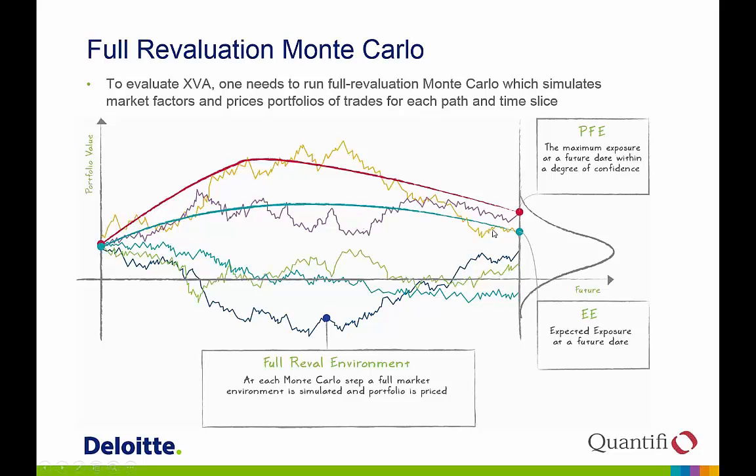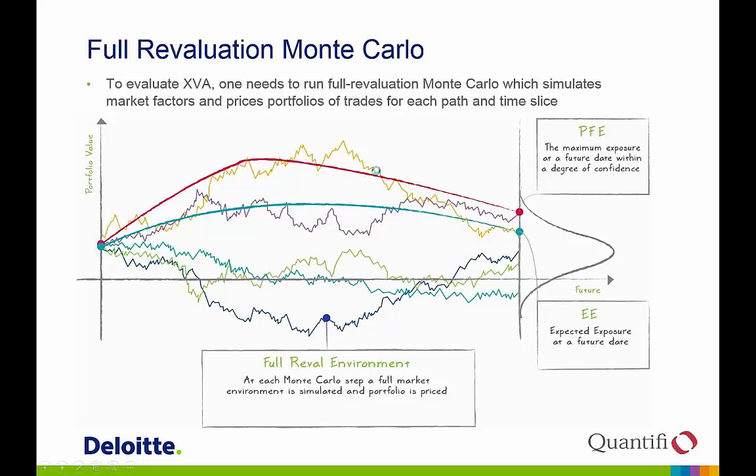But even for this kind of trade, if you look, the current value is positive, but some paths go up, some paths go down, so you will have outcomes where at some future time PV of this trade will be negative. So for our CVA purposes, what we call here expected exposure, you have to look just at the positive part, so that's what you get.